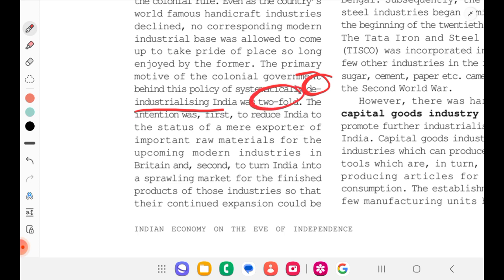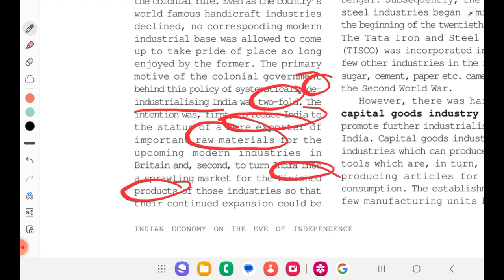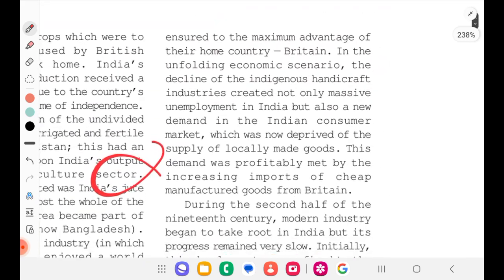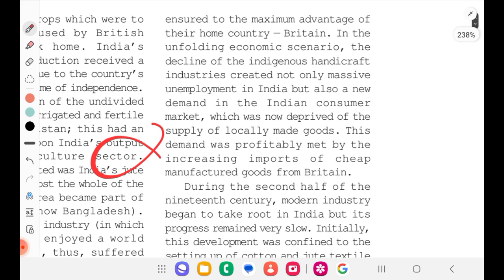The intention was first to reduce India to the status of a mere exporter of important raw materials for the upcoming modern industries in Britain, and second, to turn India into a growing market for the finished products of those industries so that their continued expansion could be ensured to the maximum advantage of their home country, Britain.